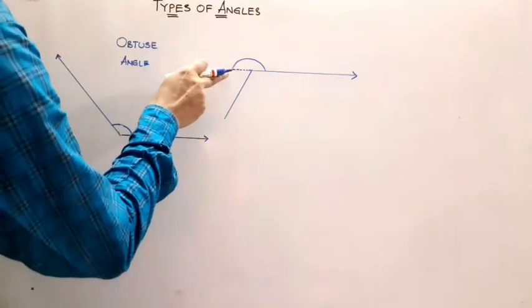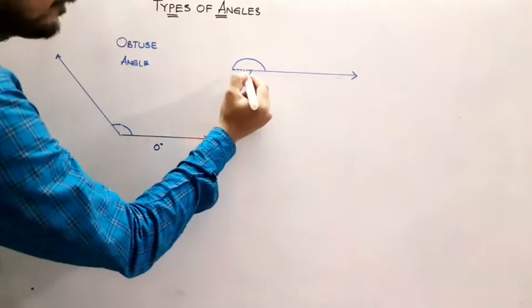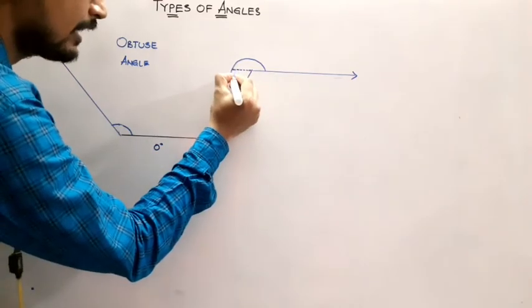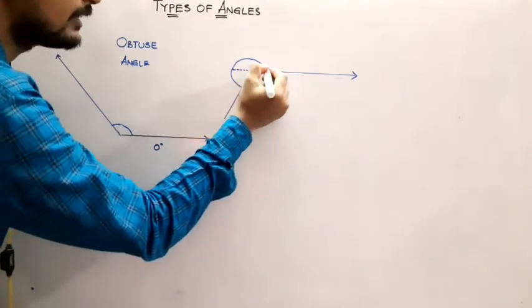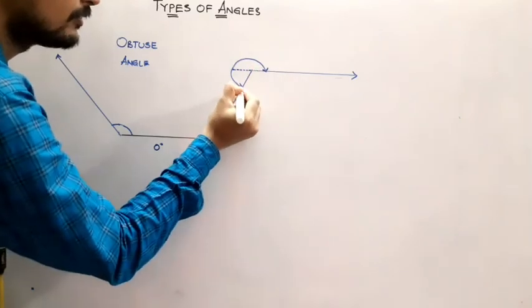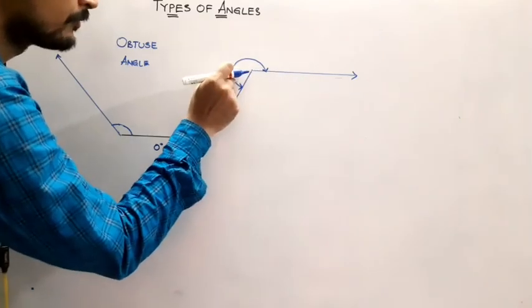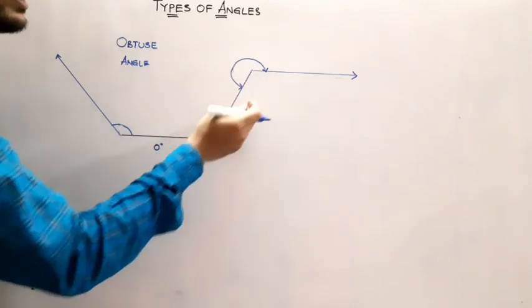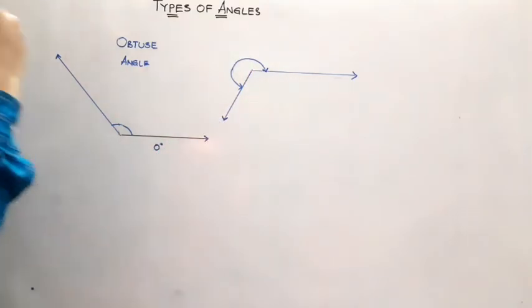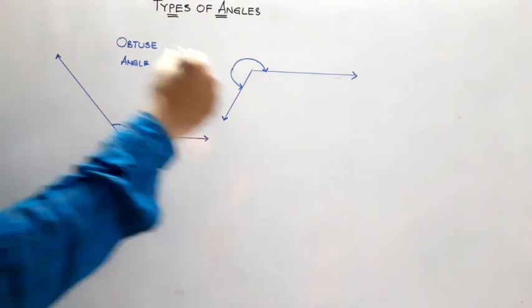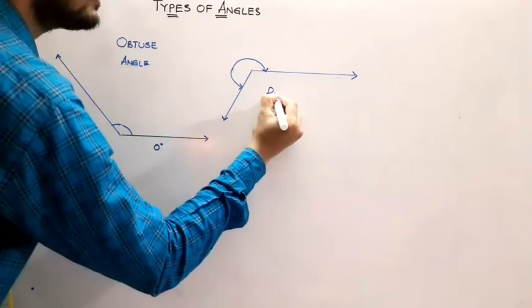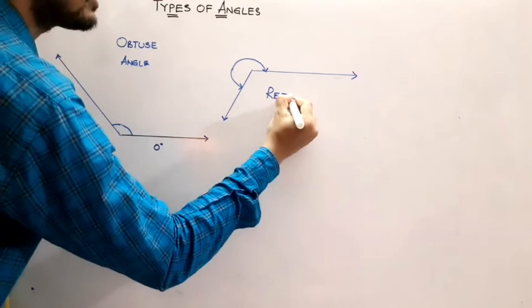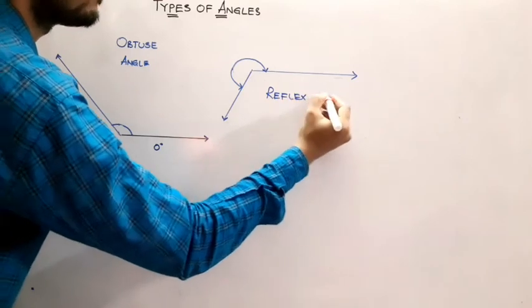Look, 180 ends up here, whereas I want to have an angle more than 180 like this. See, it is very much clear that the given angle is more than 180 degrees. Such angles we call reflex angles.